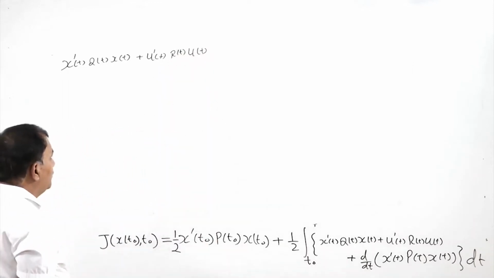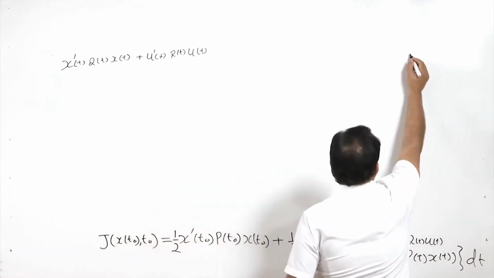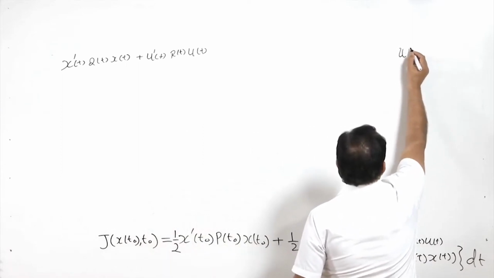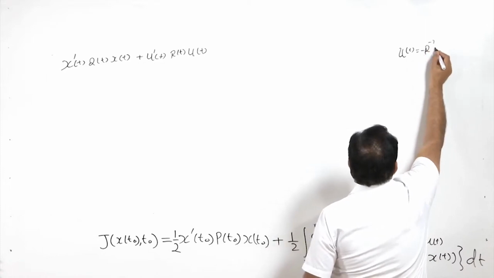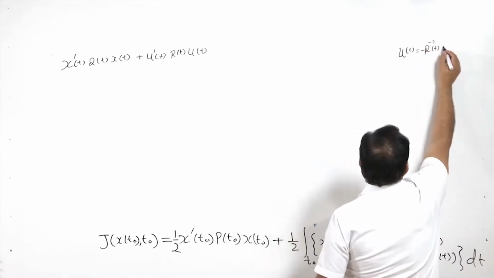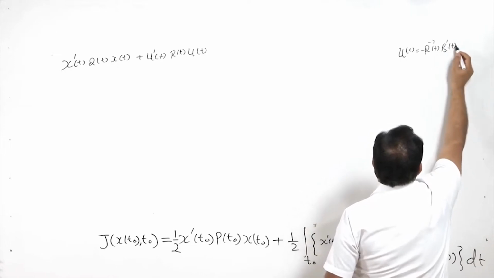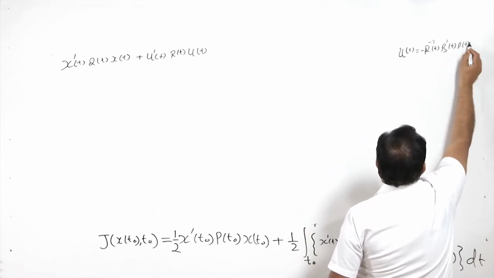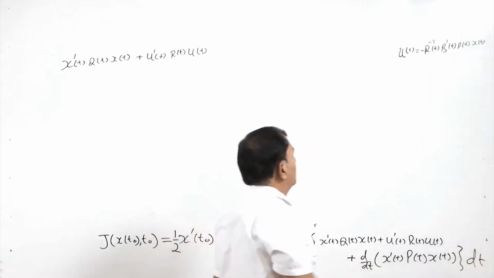So here u we can write as u(t) equals minus R inverse B transpose P(t) x(t).